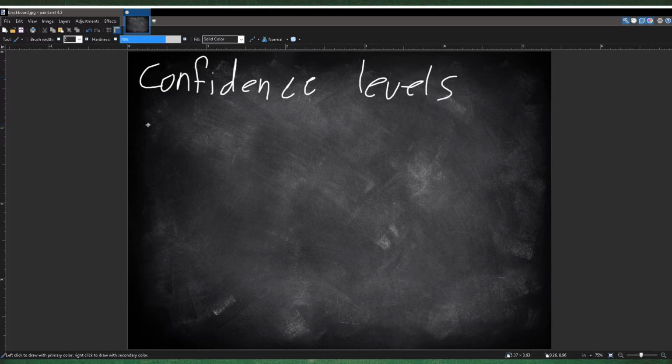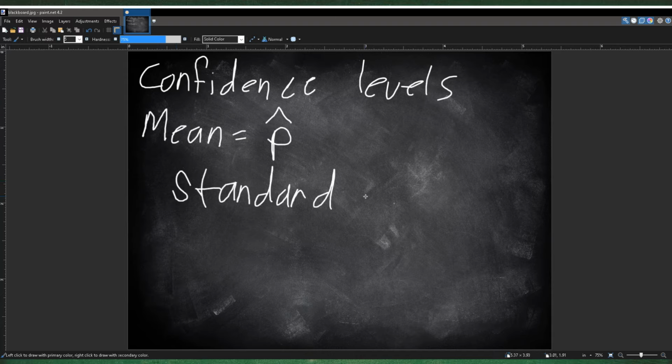So to do this, you just have to find the mean. The mean is equal to your p hat this time. And now, instead of using standard deviation, we're going to be using something called standard error. It's basically the same thing, they just reworded it. Standard deviation is for an actual number, and standard error is for when you're using a sample.